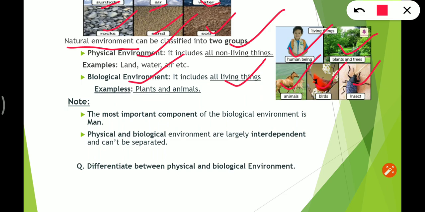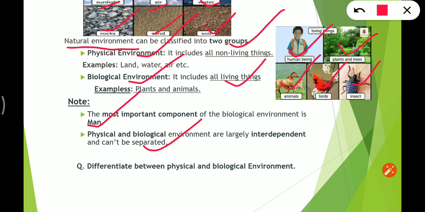I hope that is clear. Now a few important points that you need to know. The most important component of the biological environment is man. Physical and biological environment are largely interdependent and can't be separated. For example, the development of soil takes years and cannot be visualized through our senses.